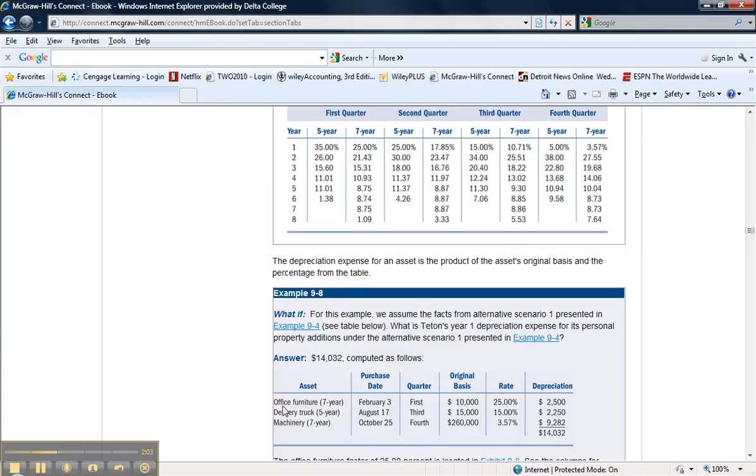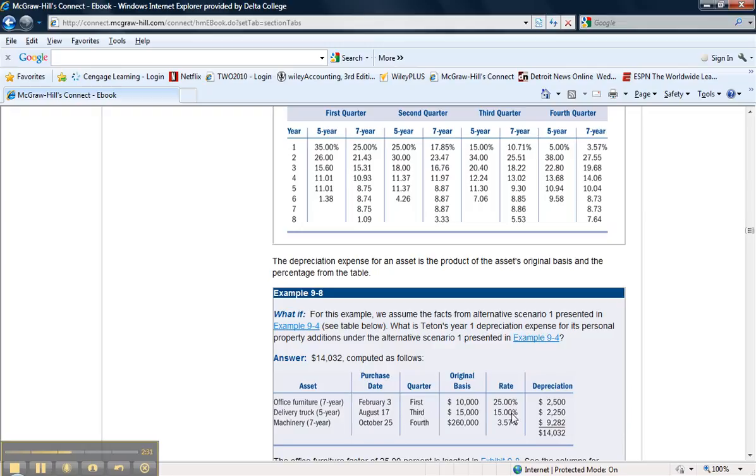So let's see, office furniture, 7-year property purchased in the first quarter, we get a rate of 25%. So 7-year property purchased in the first quarter would use this rate of 25%. Notice we don't have to do any kind of longhand mathematical calculations like we did in principles. We've got tables to do all the depreciation calculations. We just have to multiply. So here's the delivery truck. It was purchased in the third quarter.